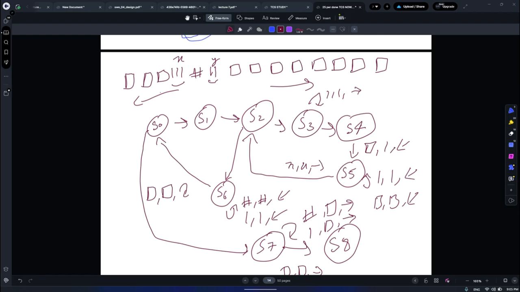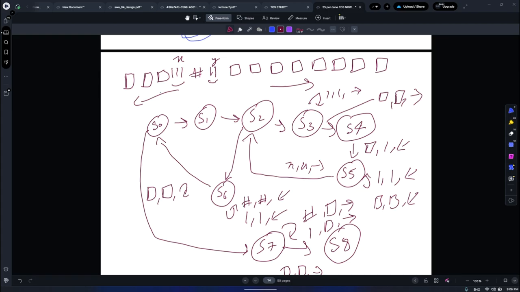On S4 we know how it is proceeding. S3 we already know how it's proceeding, but how is it changing to S4? It changes the moment it reads a blank. It can keep it a blank and go right.